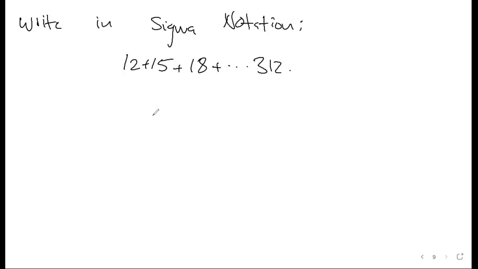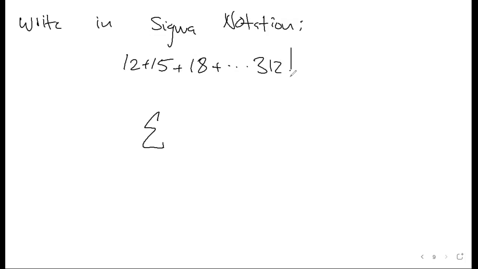I want to write this in sigma notation. So this is going to be the sum of, well, let's see. What am I taking the sum of? This is an arithmetic sequence. Hopefully you can see that. I'm adding 3 each time. Sorry that I'm adding 3 each time. I'll try to give more variety. But I'm adding 3 each time.